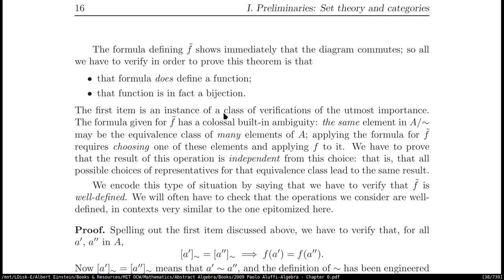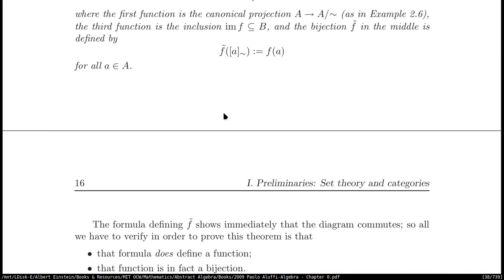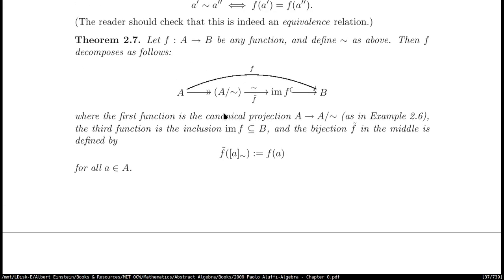Okay, so let's see how we can do this. The first item is an instance of a class of verifications of the utmost importance. If you think about this f tilde, it takes you from the equivalence classes of the elements.